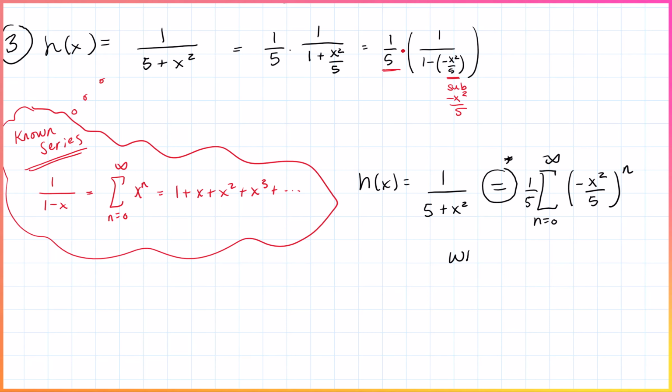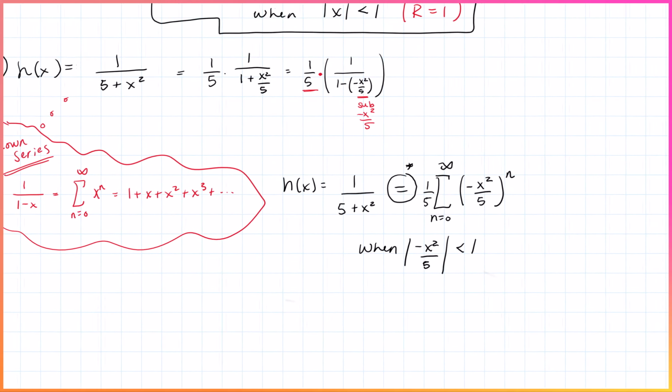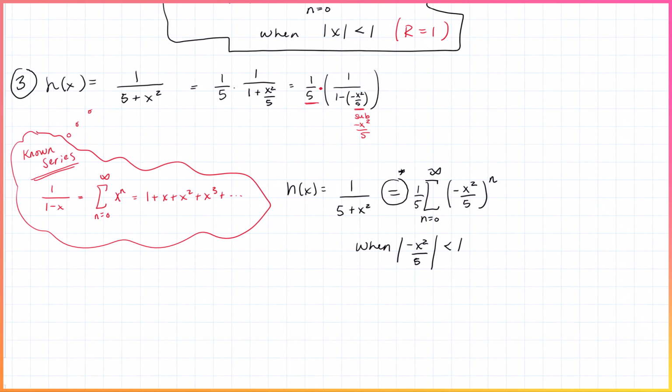And that is true as long as what I substituted in, negative x squared over 5, is less than 1. So we'll clean that up in just a second, but let's work on the power series first.